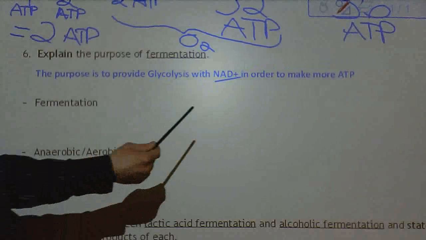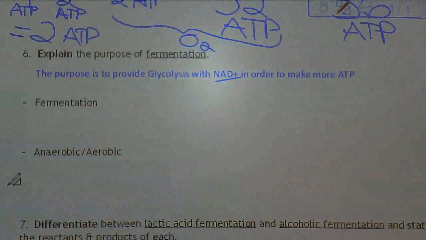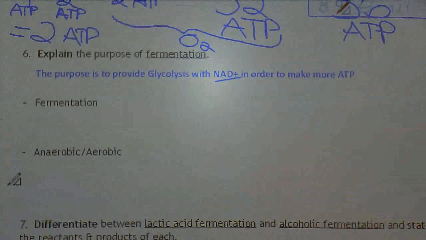Again, glycolysis is making 2 ATPs for each glucose molecule. Fermentation doesn't necessarily make ATP, but it does return NAD plus back to glycolysis so it can continue making more ATP, and that's the most important part.